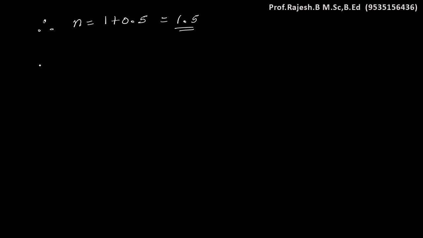And we are asked to find out the power also. So P is equal to 1 over F. It is given as 0.12. So it comes around 8.33 diopter.